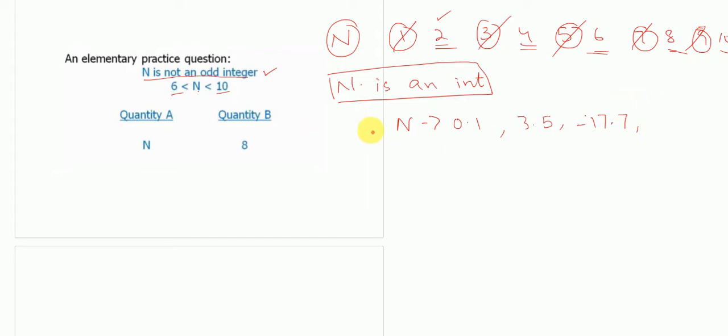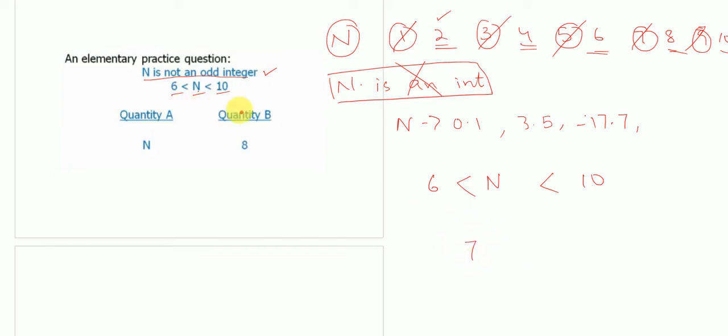So with this idea in our mind, let's think about the possible values for n. We know that n is greater than 6 and n is less than 10. So what are the possible values of n? Could n be 7?